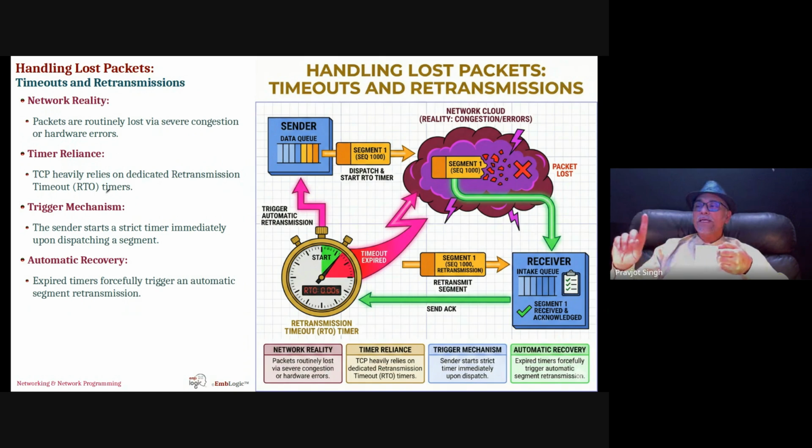It does not rely on wall clock timing. It relies on system timing. The unit of time in the system is not seconds, it is jiffies. I'll tell you about jiffies and timer management in device drivers. Trigger mechanism: the sender starts a strict timer immediately upon dispatching the segment, and expired timers forcefully trigger an automatic segment retransmission.